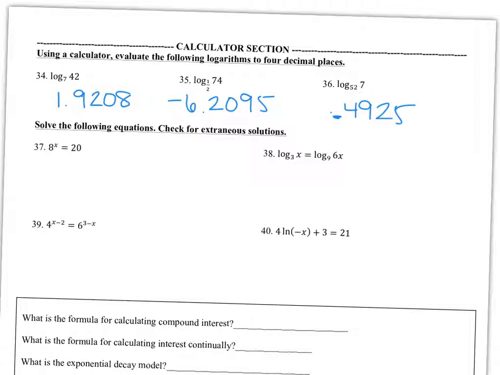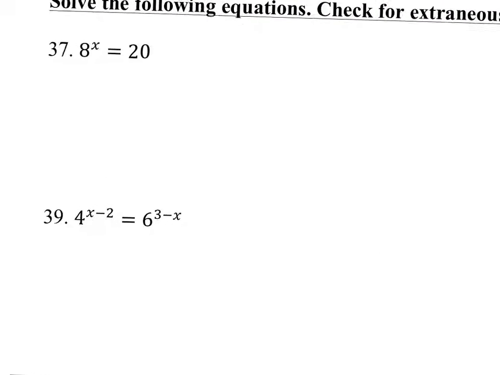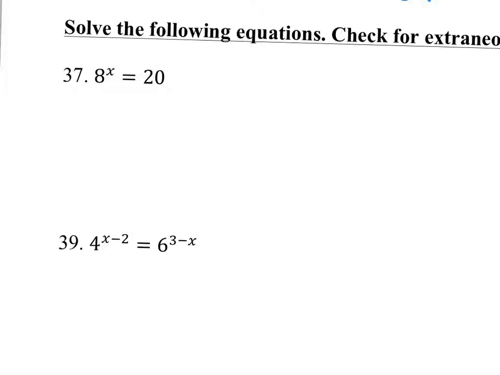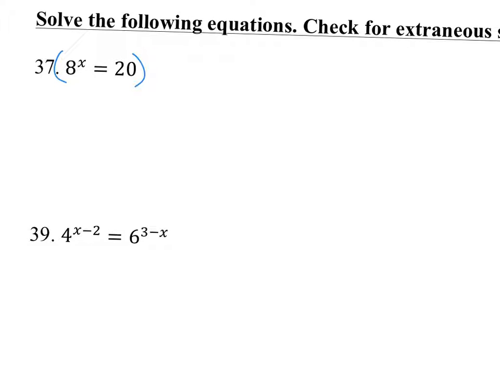All right, let's look at these next ones. Solve the following. 8 to the x equals 20. So notice that 8 and 20 can't be changed to common bases. So I'm just going to take a log of both sides, and I'm going to use the most common log, which is base 10. So now I have x log of 8, because I brought that exponent down in front, equals log of 20.